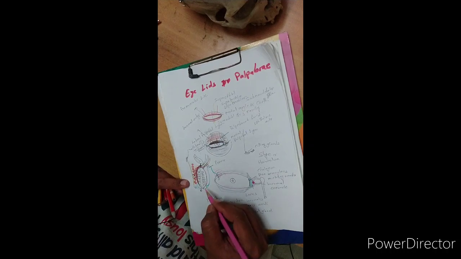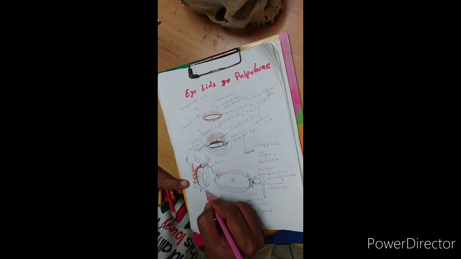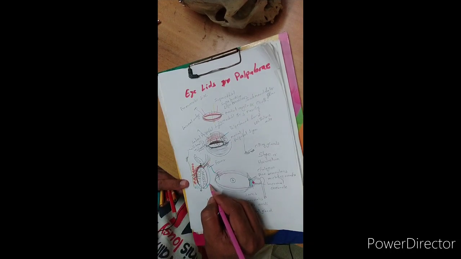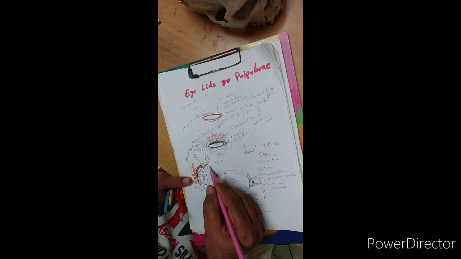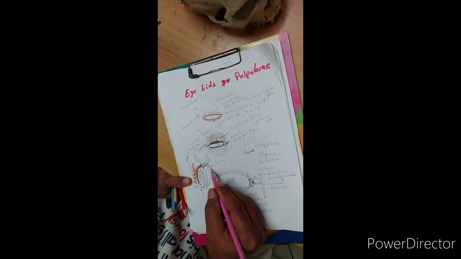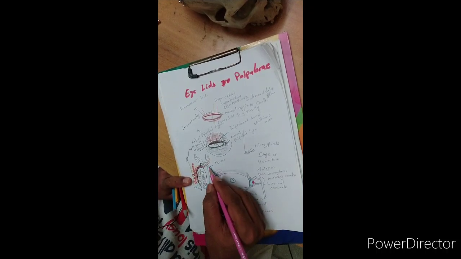Now this palpebral conjunctiva at the lid margin is made up of stratified squamous epithelium. Then it reaches towards the fornix. In the fornix it forms three layers.